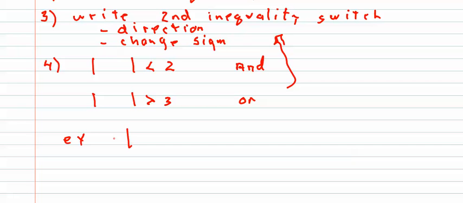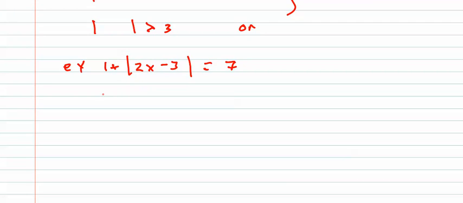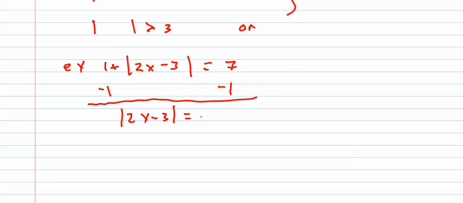absolute value of 1 plus 2x minus 3 equals 7. We isolate the absolute value. So we subtract 1, isolate our absolute value, and then we have 2x minus 3 equals 6.